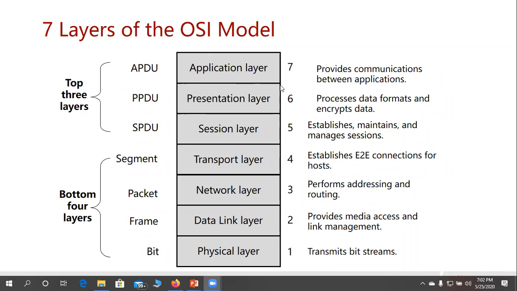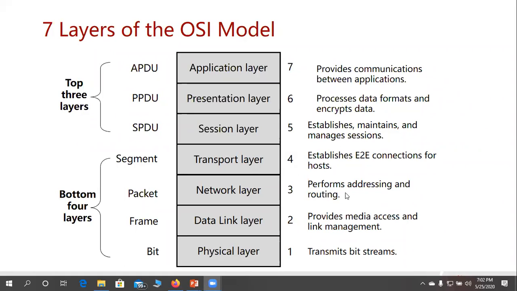In the presentation layer, there's processing of data formats and encryption of data. The session layer, layer 5, creates, maintains, and manages sessions. The transport layer establishes end-to-end connections between hosts.